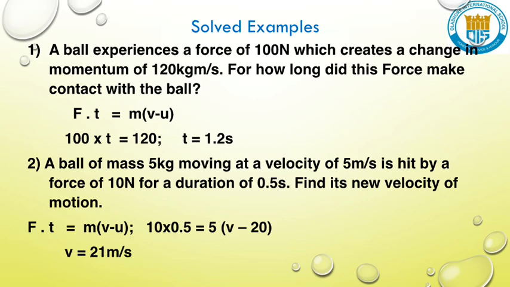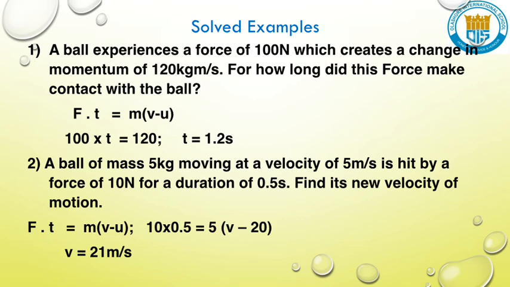We already have mv minus mu, which is the change in momentum, and that's 120 kilogram meters per second. And as we said, change in momentum is equal to impulse as well. So an impulse is force times time. The question already gave us force. So 100 times t equals 120. We are looking for t. If we divide 120 by 100 to get our t, we will get 1.2 seconds.